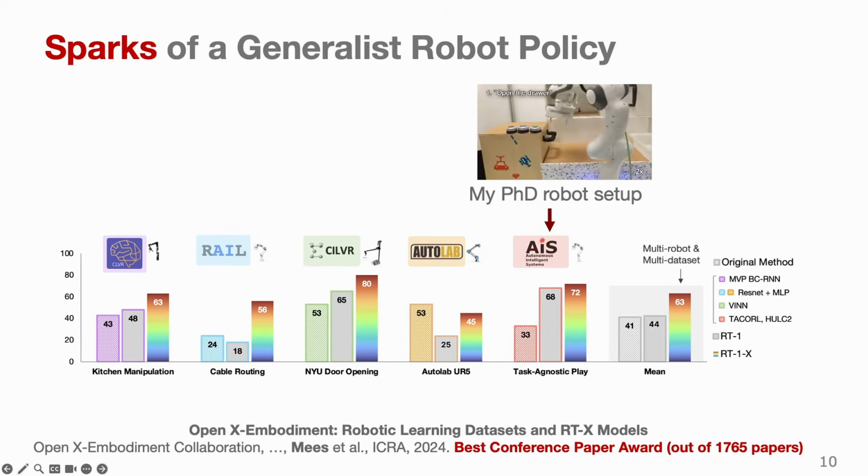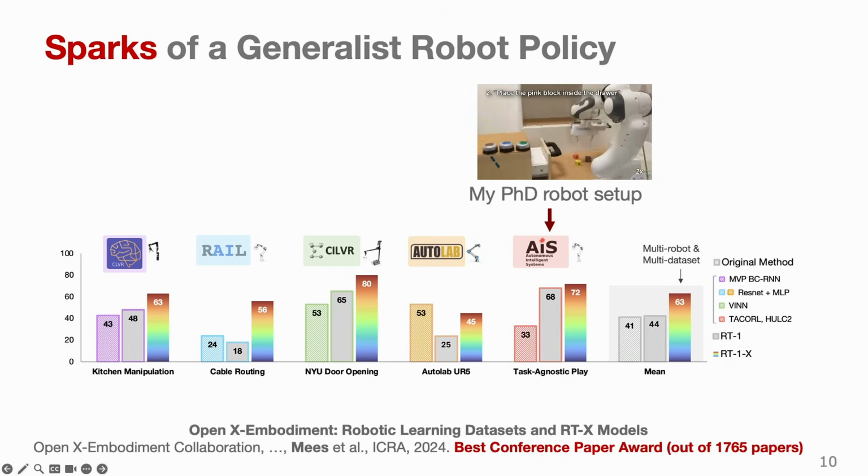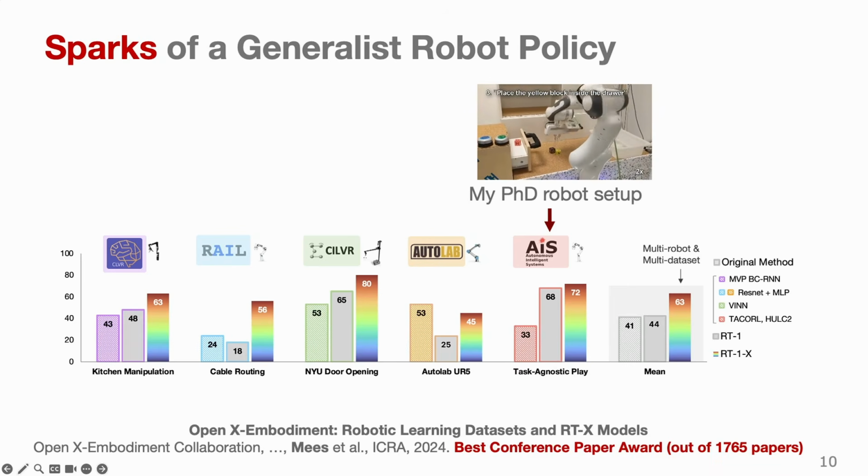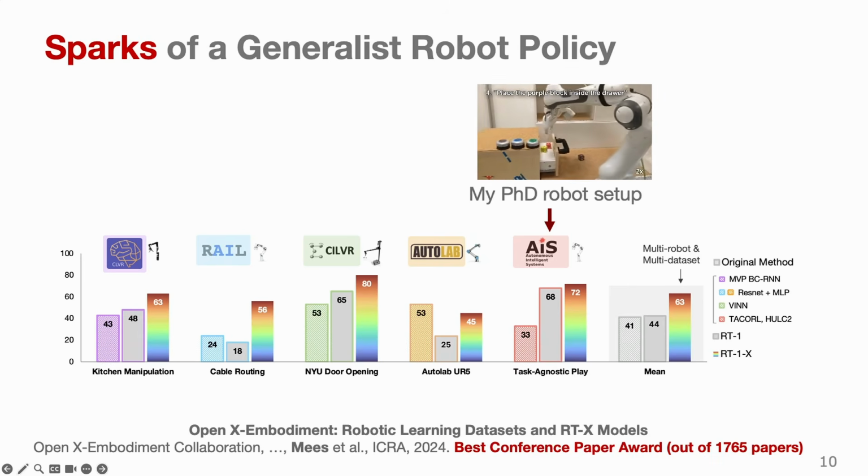And regarding the results of this project, this was really the first time we saw sparks of a single model trained on all these multiple robot data sets surpassing the best previous method that was tailored for a particular setup. Here are the main results, and you can see that I, for example, contributed continuous evaluations during the model development with the robot setup that I built during my PhD in Germany, which you can see on the top.